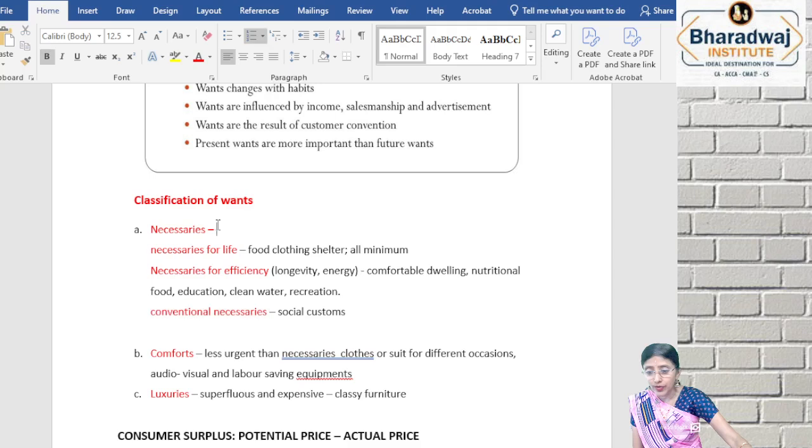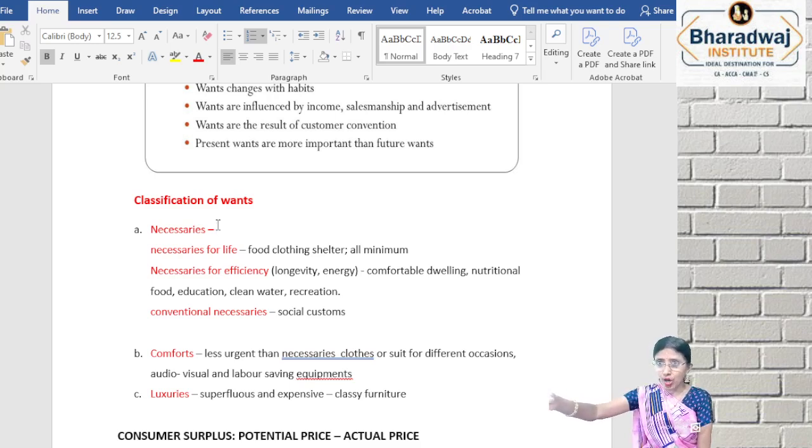Now this subclassification also very strongly you have to know. So what is necessaries for life? My food, clothing and shelter. Basic minimum needs. What is necessary for efficiency? They are not basic minimum needs. They are those which are required for augmenting your energy level, augmenting your longevity. Say for example, just taking any cup of water is necessaries for life.